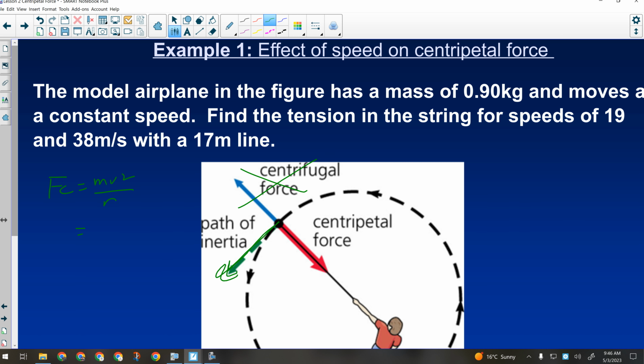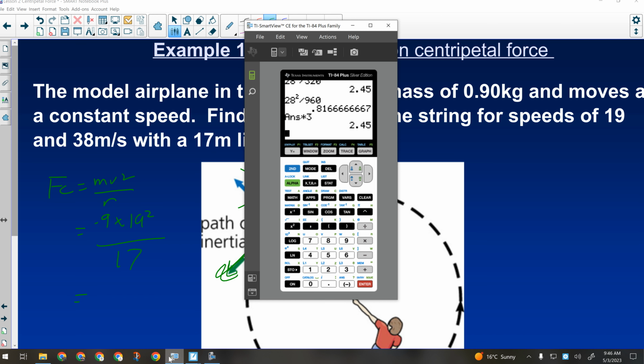The mass is 0.9 kilograms times 19 squared, divided by 17 meters. We would need a centripetal force there of 19 newtons.